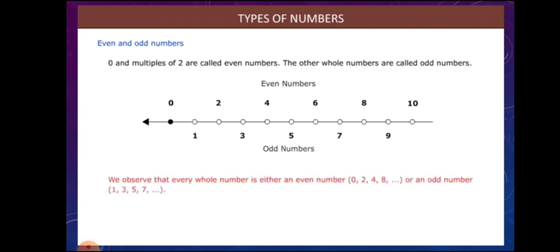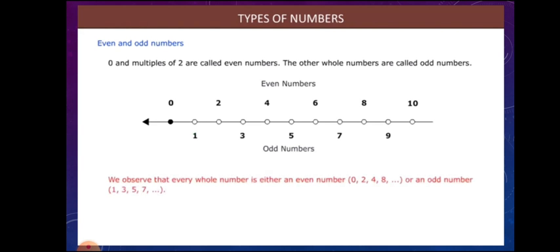Types of numbers, even and odd numbers. 0 and multiples of 2 are called even numbers. You know about it, right? The other whole numbers are called odd numbers. Okay. So the numbers like 0, 2, 4, 6, 8, 10 and so on are even numbers, and the numbers 1, 3, 5, 7 and 9 and so on are odd numbers.